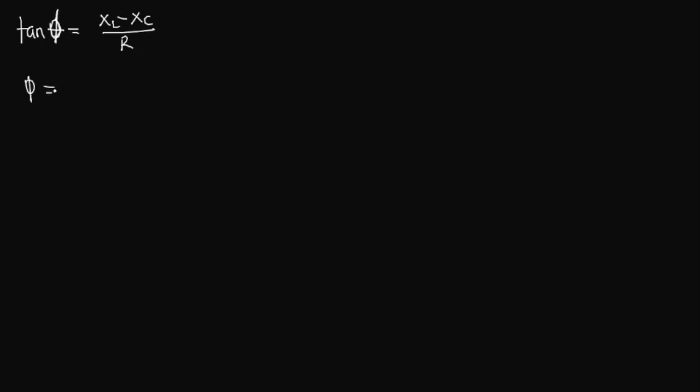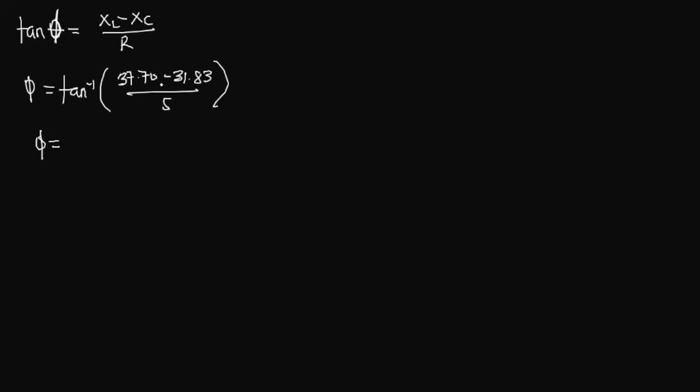So our phase angle is equal to the tan inverse of our XL. We established the fact that our XL is equal to 37.70 minus 31.83, all over the resistance, in this case 5.